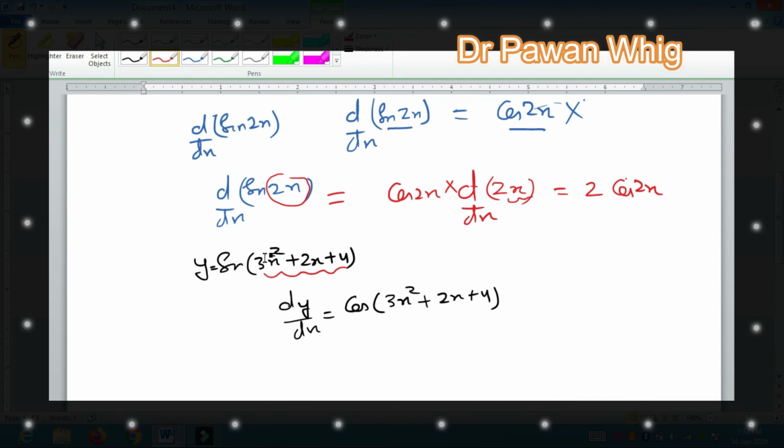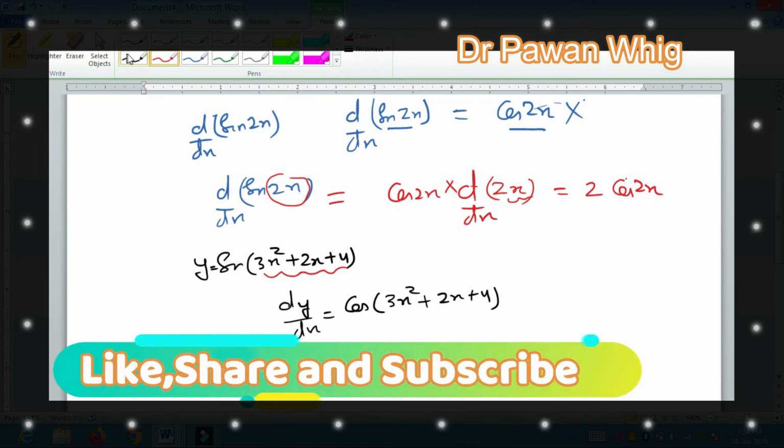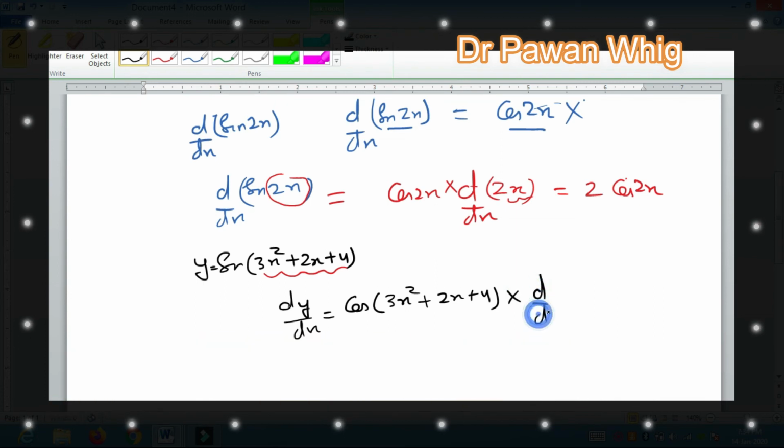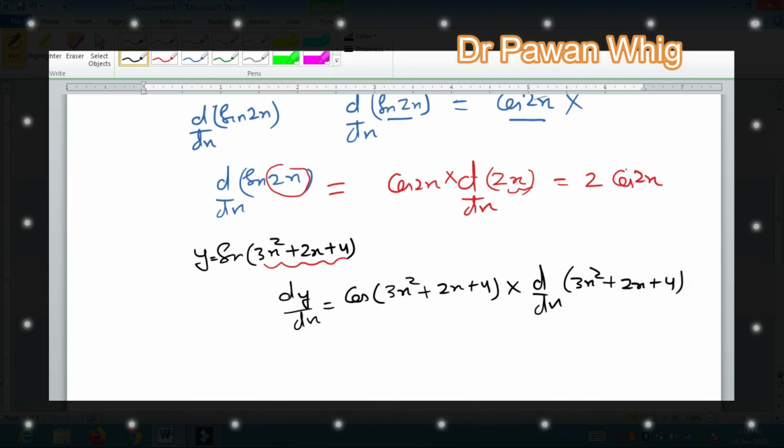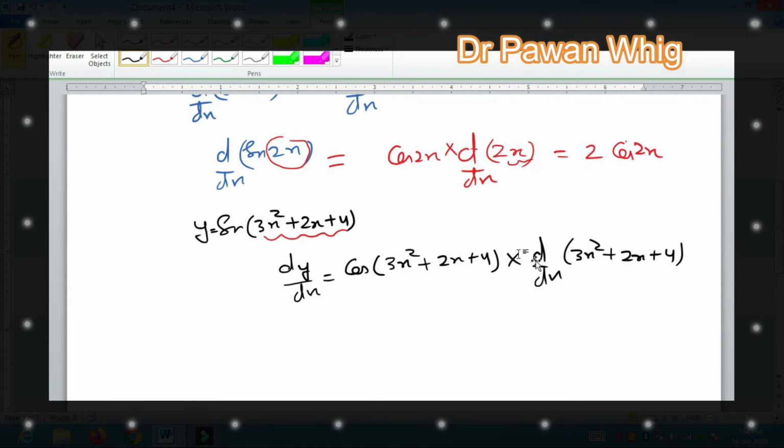Since this theta is different, you have to multiply this expression with the differentiation of theta. This is important. Whatsoever different term you see, meaning the thing which is different from the standard formula, you have to multiply with the differentiation of that changed term.